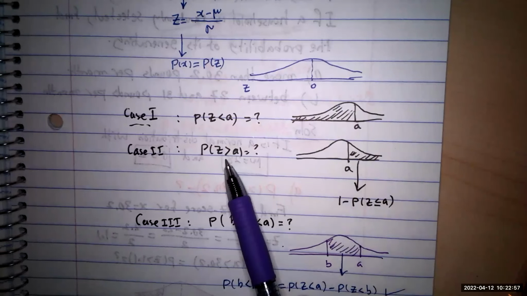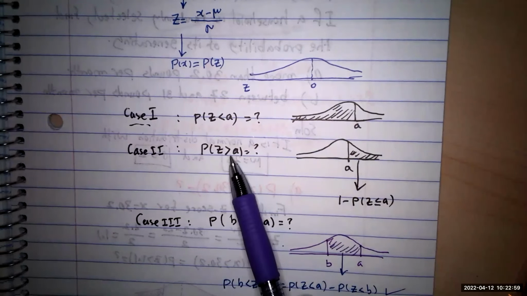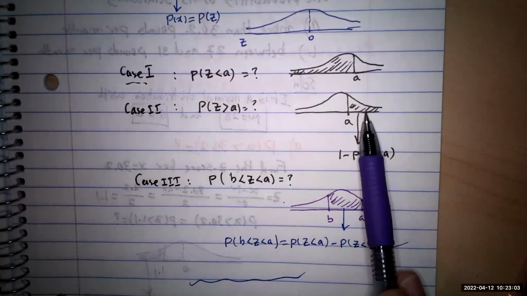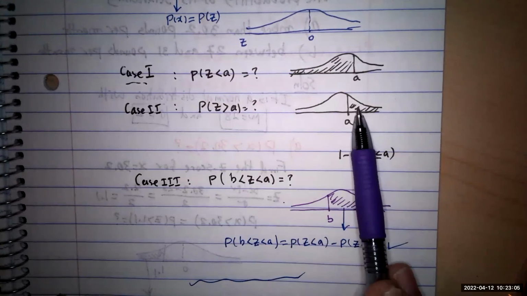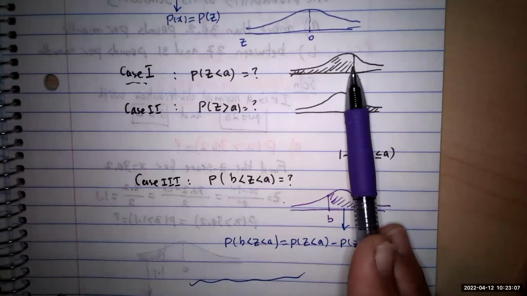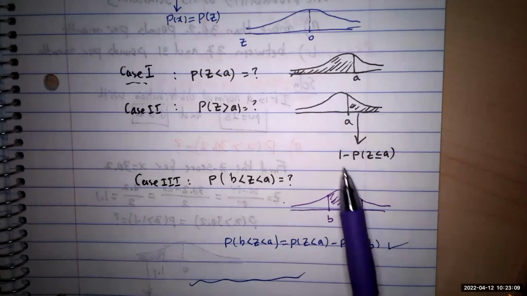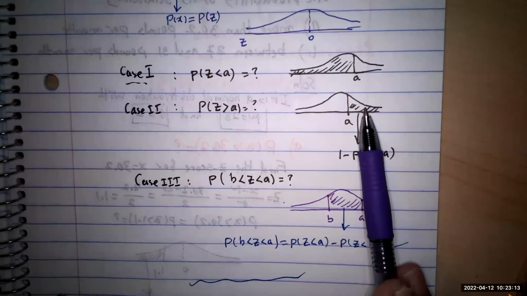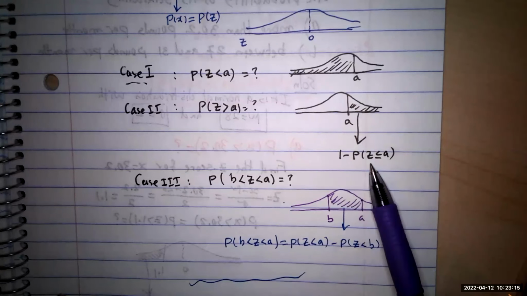If it's going to be greater than a, you have to pick the area to the right of your curve. But since the table gives you only the area to the left, you have to find the complement. So if it's the right, you find whatever percentage it is, then you find the complement.